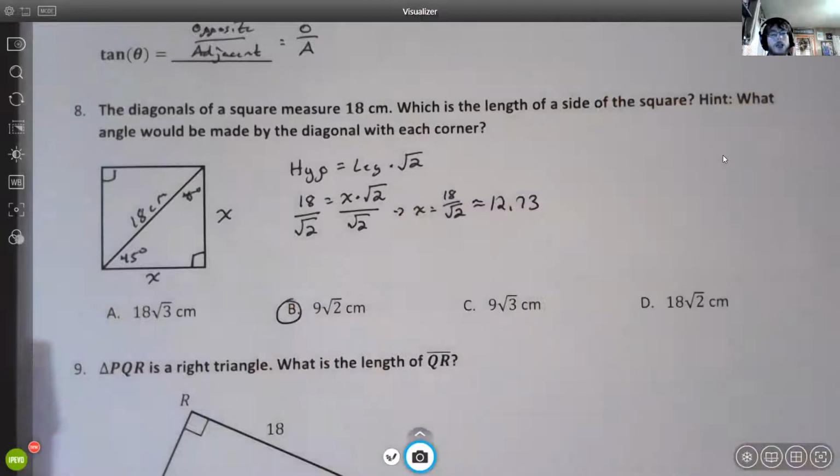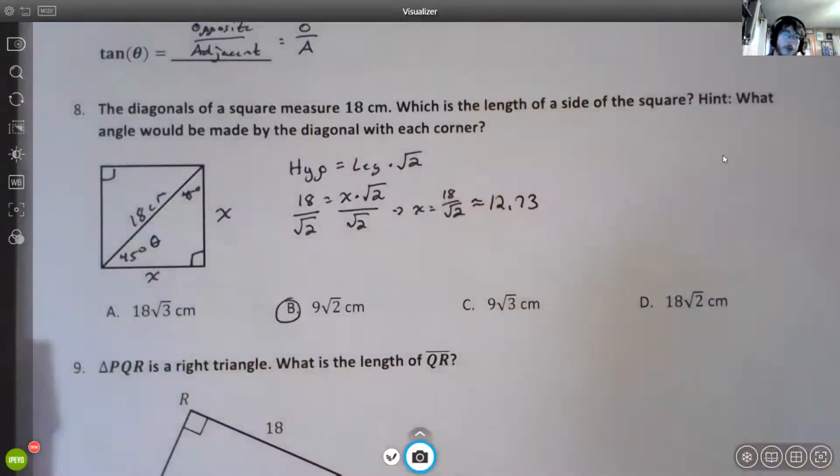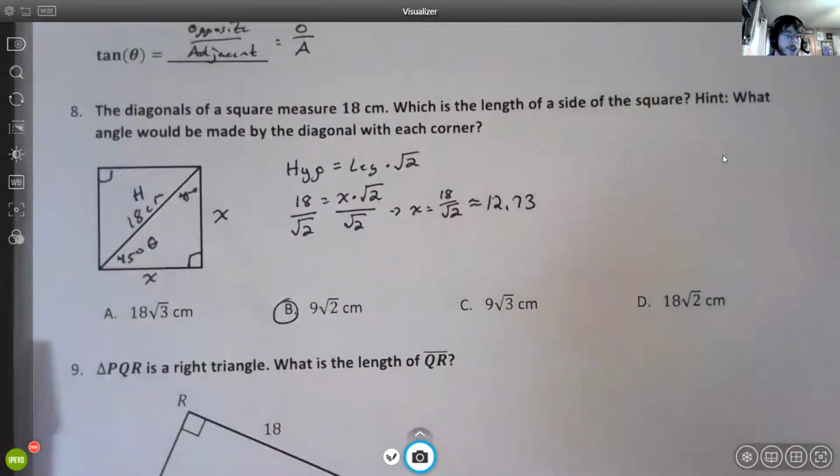Okay. Now, let's verify that using trig. Okay. So our theta is going to be equal to 45. Remember, our theta is going to be an angle that's not the right angle. We know what our hypotenuse is, so we know what h is.